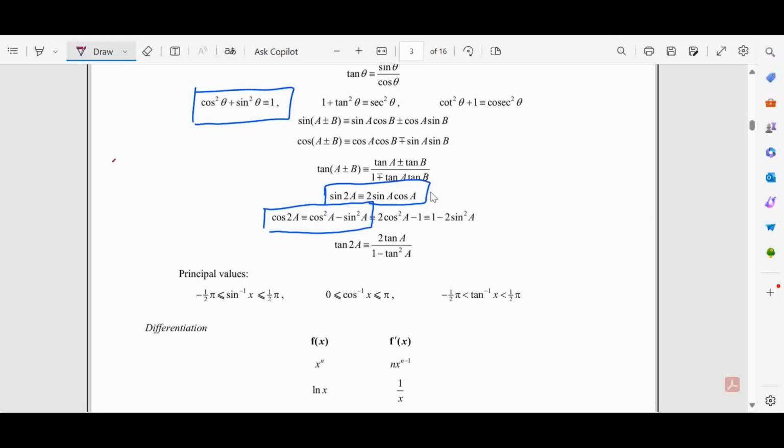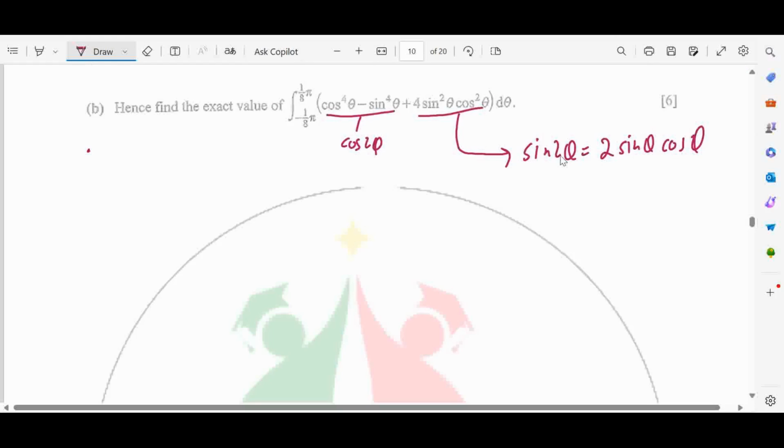So if we take the square on both sides, what we have to do? If we take the square on both sides, this will be sine square of 2 theta is equals to 4 sine square theta cos square theta.